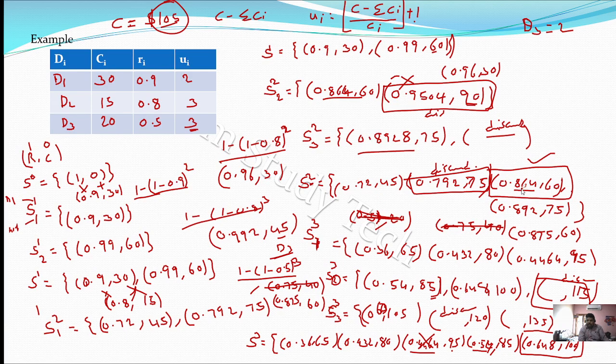Here where you can get 0.648, that is because of 0.864, because of this one. That means here you can consider device D2 2 copies, device D2 2 copies.